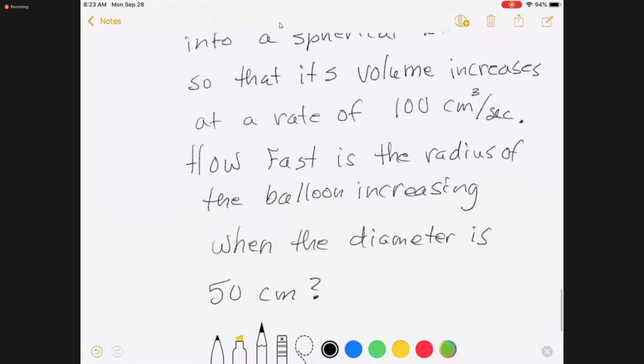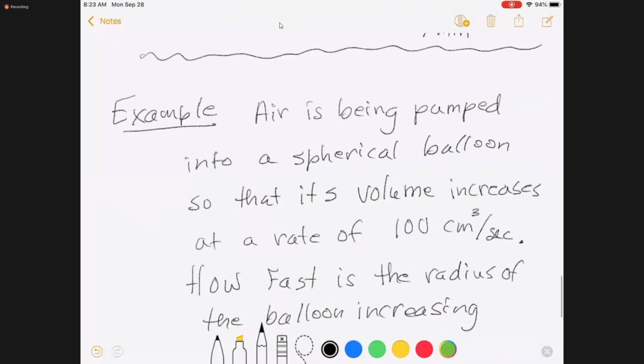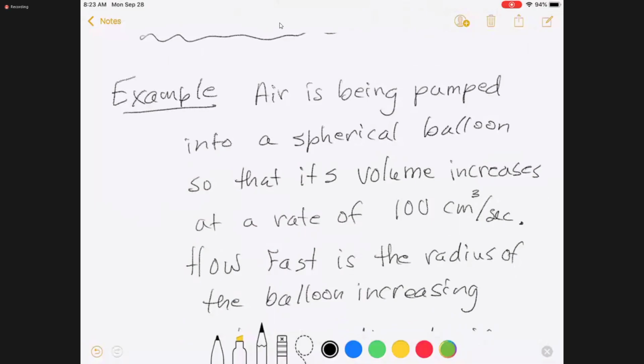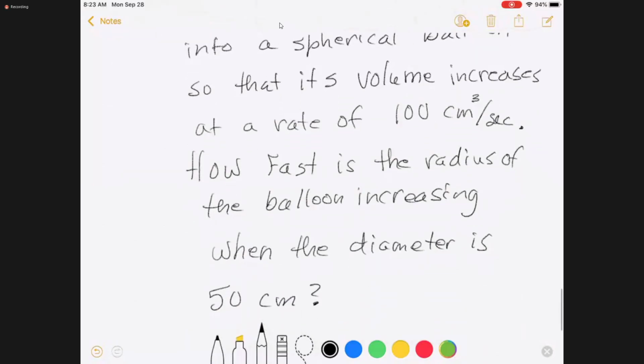Okay, so we need to gather things together here. This balloon, you're pumping air into it and it forms a sphere. As you pump more and more air into it, the sphere is increasing in volume. Volume is a function of time. You also have, well, okay, what's the volume of a sphere? We need to know that basically.